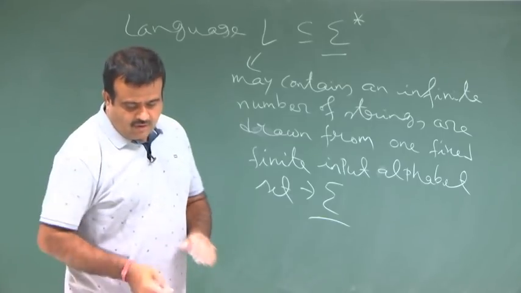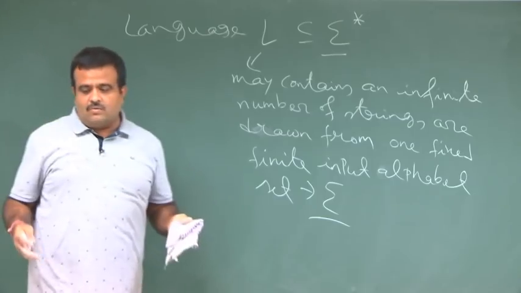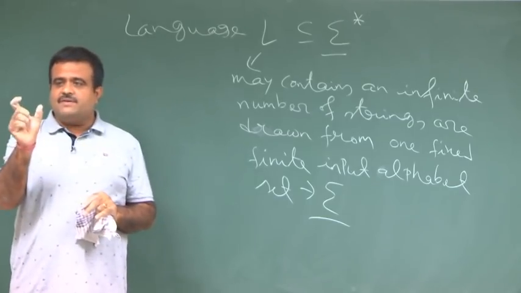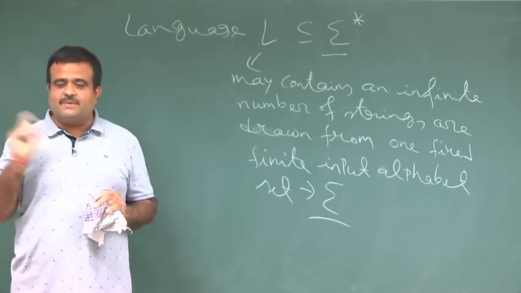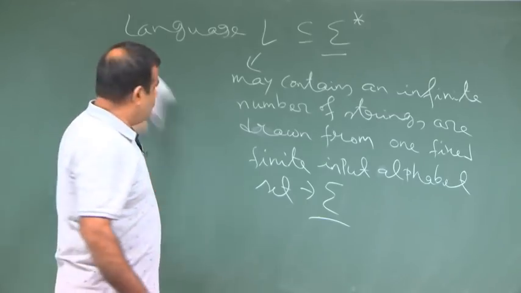Okay. So, now we will talk about some problems like decision problems, like given an integer, a 0 1 string, and we want to know whether this is a prime number or not, this type of problem. So, this is called a decision problem.